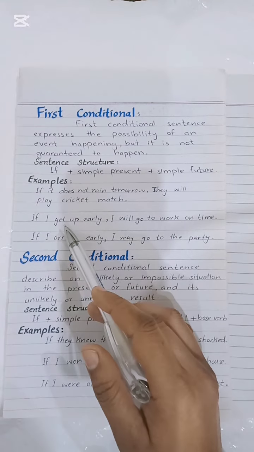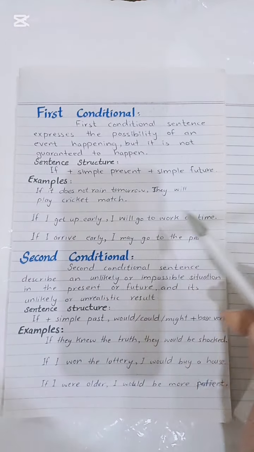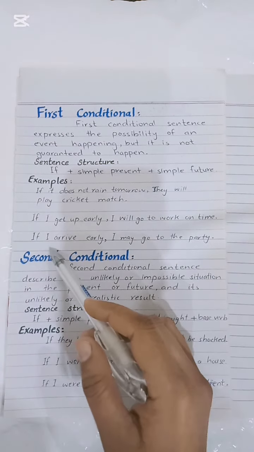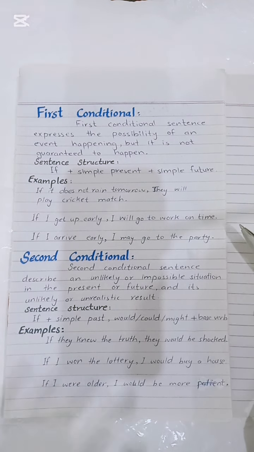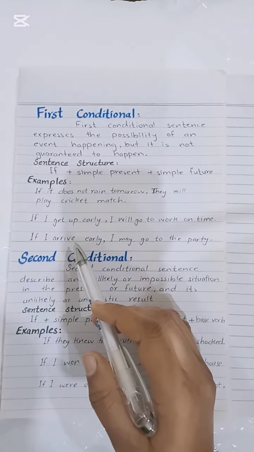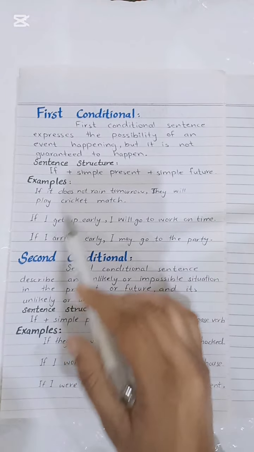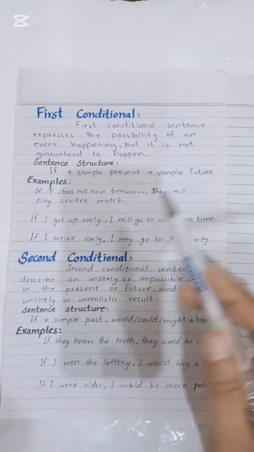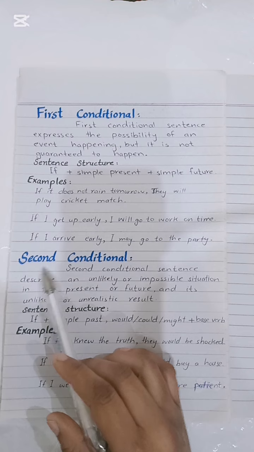Here after if I used simple present according to the rules and simple future in the second clause. If I arrive early, I may go to the party. This sentence also consists of simple present and simple future. You can notice that all these examples show the possibility of an action in the future.